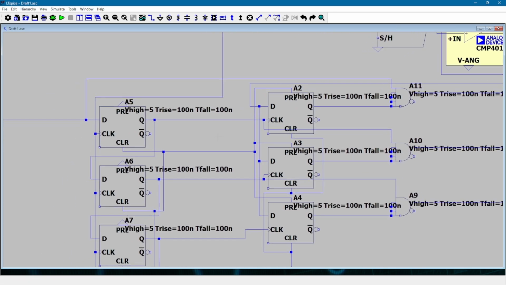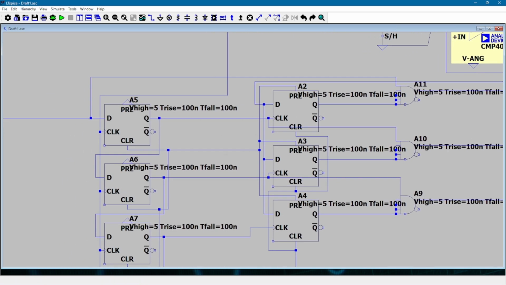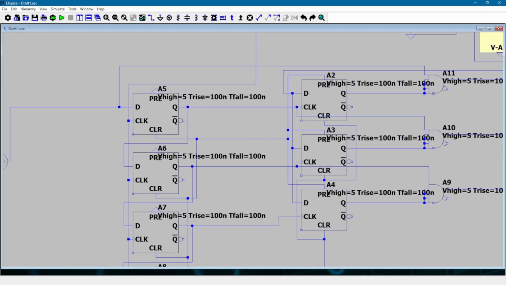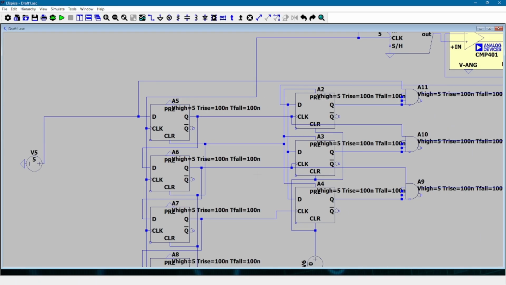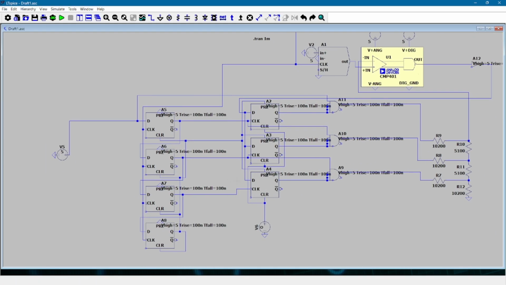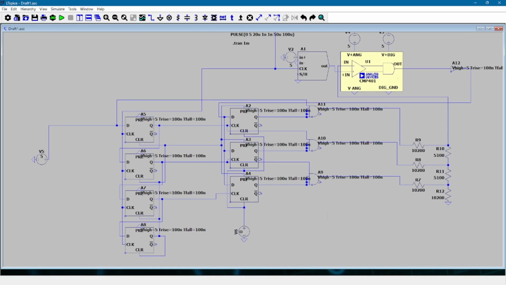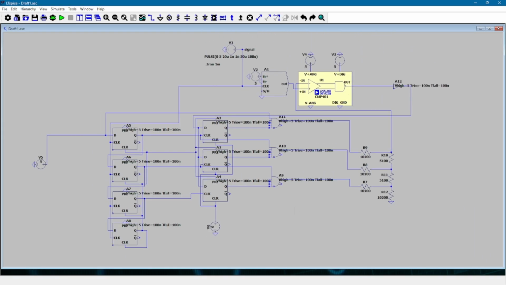Sorry, my wiring is really messy and hard to follow, but you get the general idea.